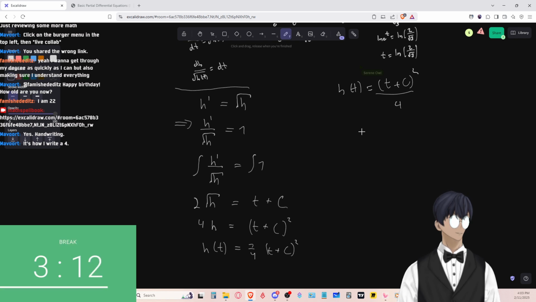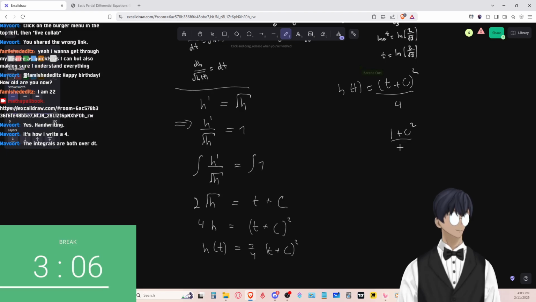So we'll just put 1 minute for the time here, because we still have to figure out what C is. And we have 3/4. Oh, okay, so we just get rid of the 4 by multiplying it. 2c plus c squared.